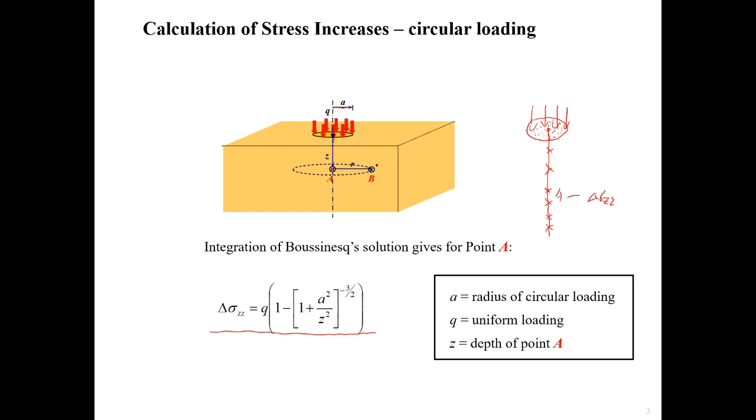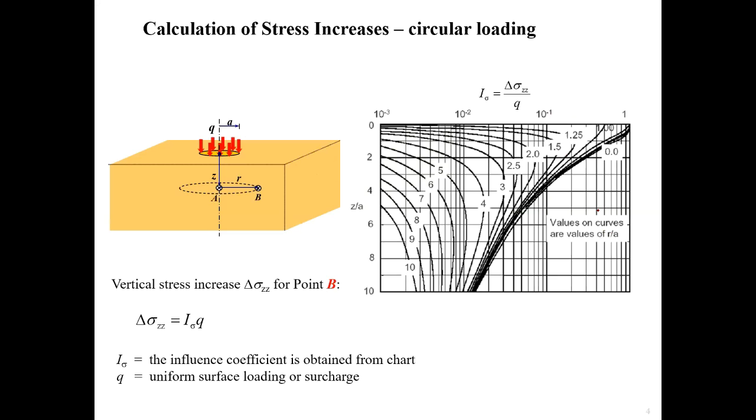On the other hand, how about if the point of interest is somewhere not below the center line, like point B here or point B prime over here? How are we going to calculate the stress increase? We have another method. If point B is not directly below the center line, then we are able to use the design chart to find the influence coefficient.